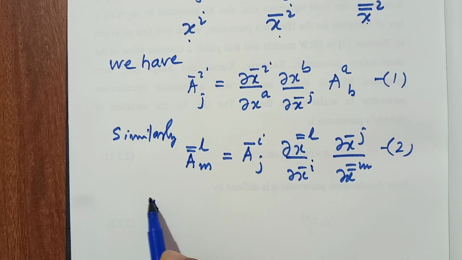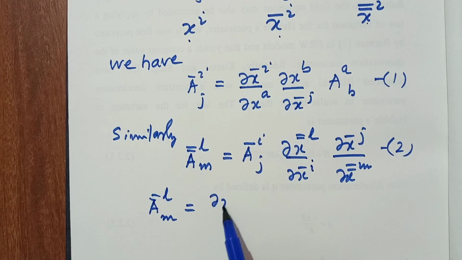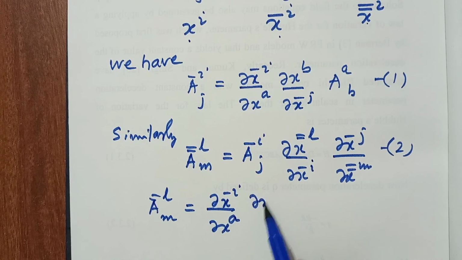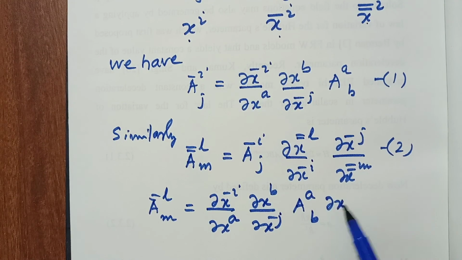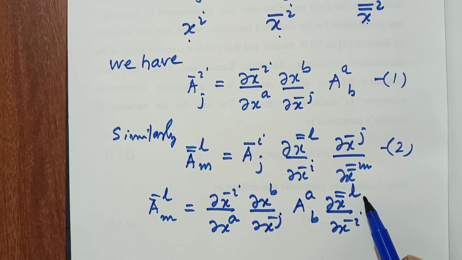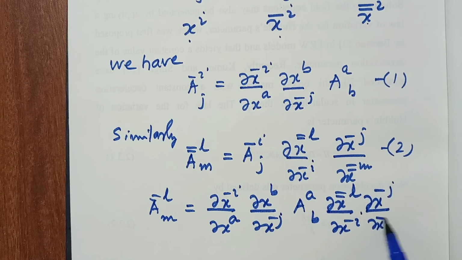So substituting A bar i j, we get del x bar i upon del x a, del x b upon del x bar j, A a b, and the rest stays as it is: del x double bar l upon del x bar i, del x bar j upon del x double bar m.